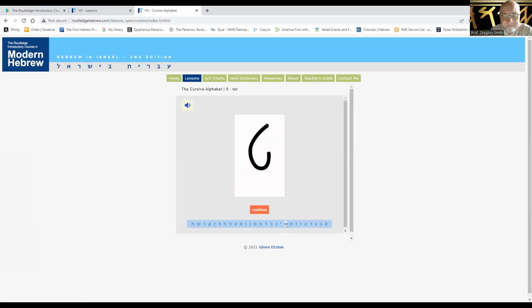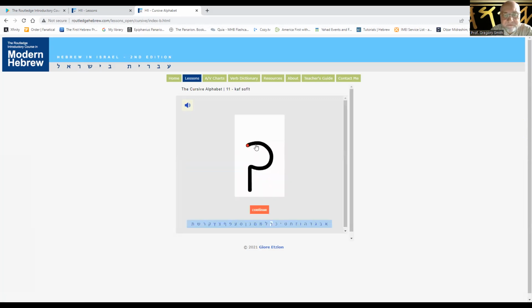Tet is kind of, I don't know, it's something. It starts from the bottom and goes up. Yod is easy. Okay. Here's Kaf. Look at that. That's easily identifiable.